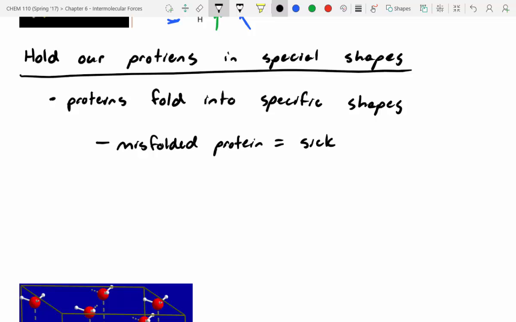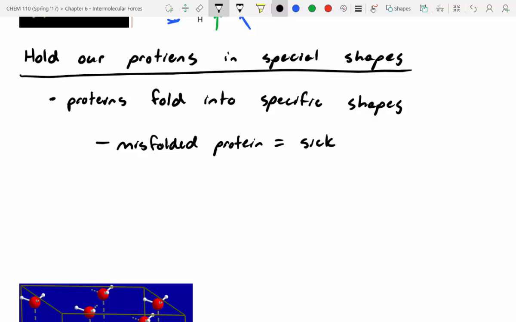So if you've studied genetic diseases at all, oftentimes that has to do with an enzyme or a protein not being made at all or being made incorrectly. So it's got some sort of defect and it doesn't fold in the correct shape. If you've talked about enzymes at all in your entry-level science classes, you can think of them as lock and keys, right?